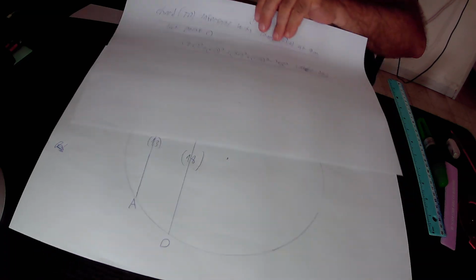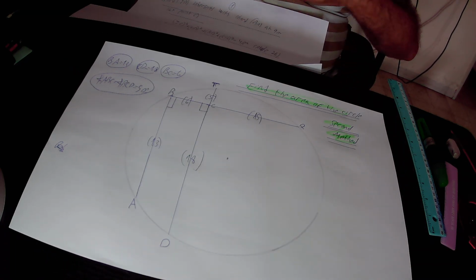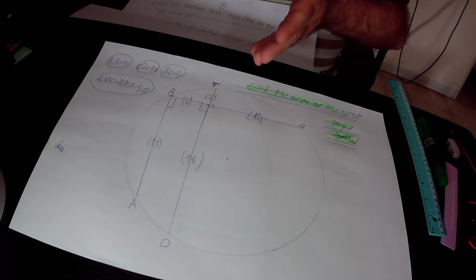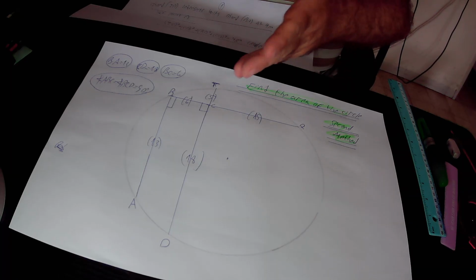R is the radius of this circle. That is, we are looking for the radius. After we find the radius, the area of the circle will be equal to pi times the radius squared.